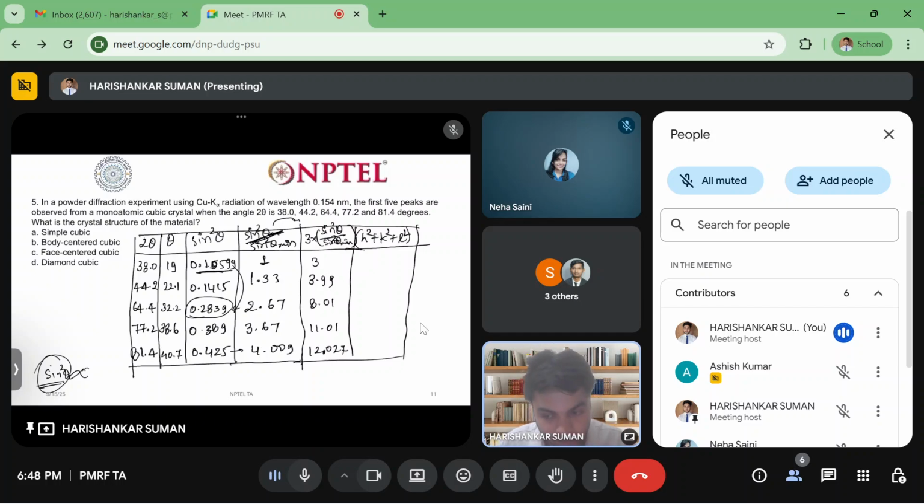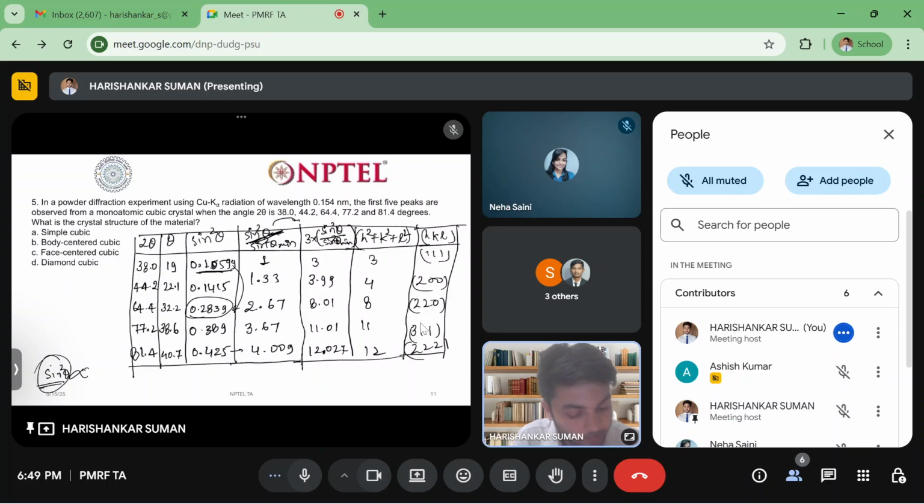So it's 3, 4, let's say this is 11, this is 12. So now you can calculate HKL: 3, when the square is 3, 4, 2, 8, and 11, and finally 12. So now we are getting HKL.